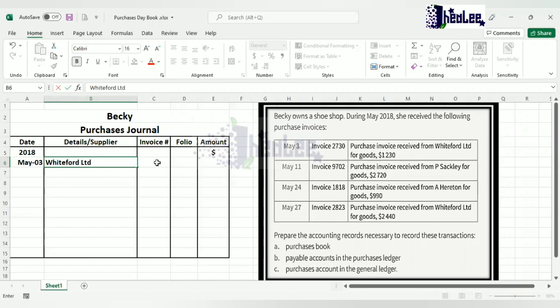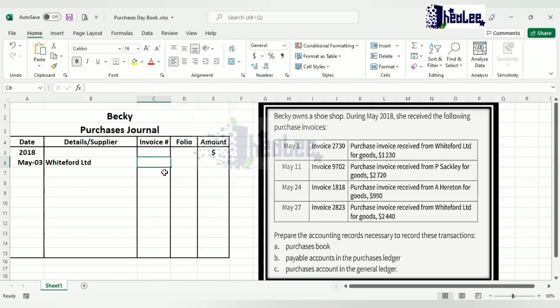That's all you need to record for the details. The name of the business or person that you have made a purchase from on credit, and that is a purchase of goods on credit from. The invoice number is 2730. That's all you need to record. Remember, I said that in another session, I'll be looking at folio, completing folio columns, and the amount is $1,230.